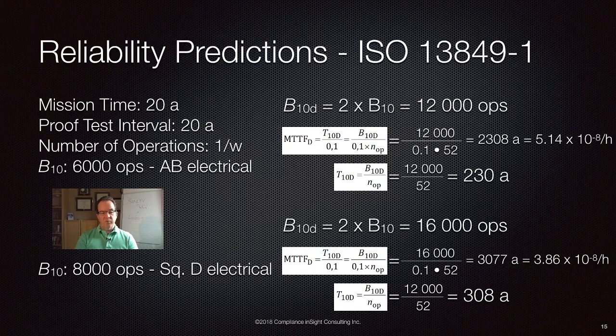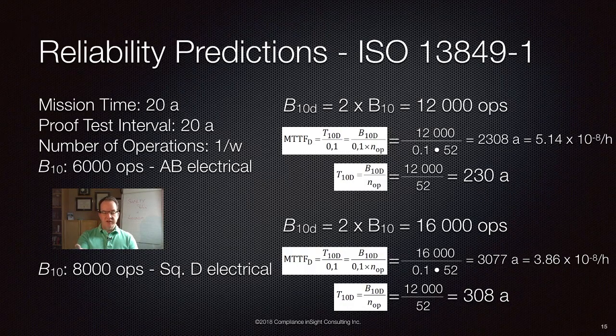Now, there's one other number that we need, and that's what they call PFHD. PFHD is the probability of dangerous failure per hour, and that is actually the underlying number that we use for many of the calculations in 13849. So I've converted the MTTFD into PFHD, so we have those numbers to compare when we look at the drive systems.